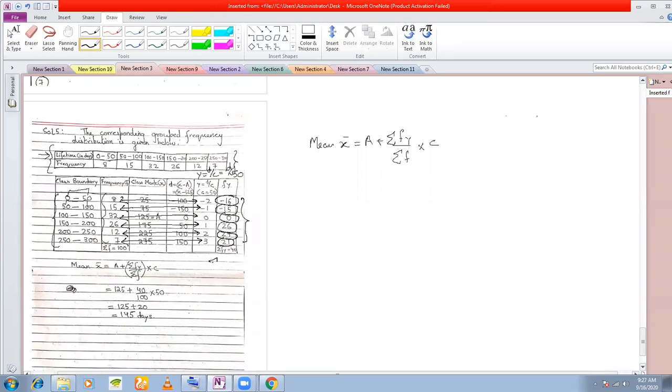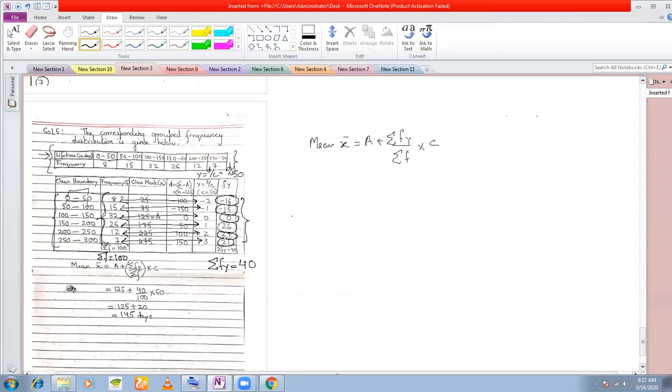You add up this column to get your summation fy. Summation fy you get as 40. And since you have a summation f also here, you add up this column also, so summation f is equal to 100.